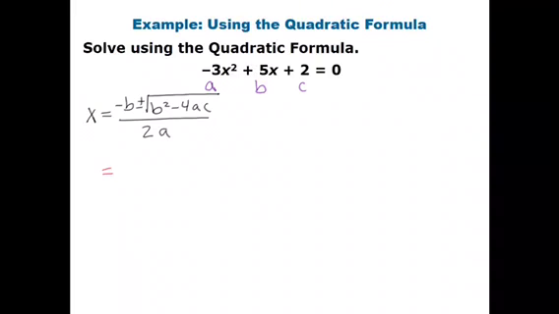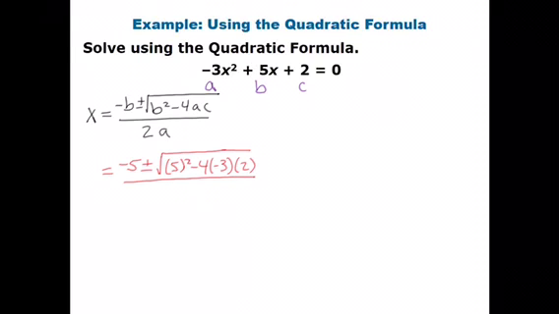So when we plug in the values we have, negative b would be negative 5 plus or minus the square root of 5 squared minus 4 times negative 3 times 2 all over 2 times negative 3.